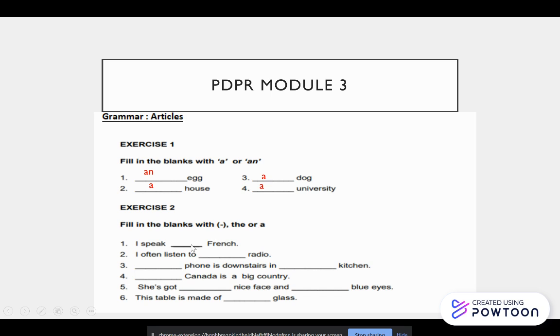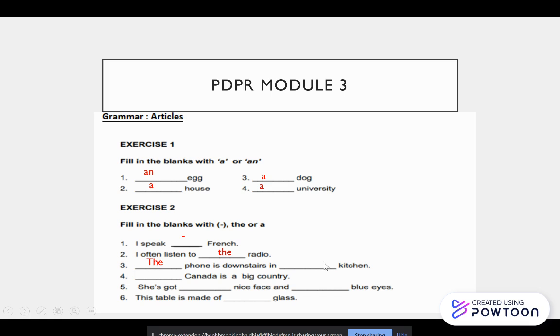Okay. So here, the same practice, you need to fill in with zero article, the or a. So French, what do you think? Do you have an article here? No. Okay, I often listen to the radio. Okay, so it's only a specific article. So it's the.